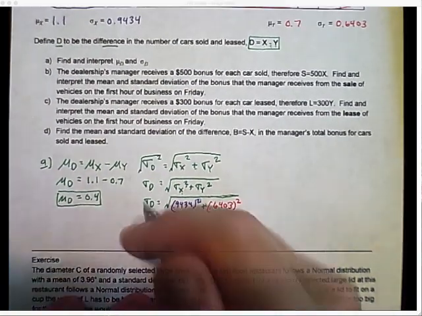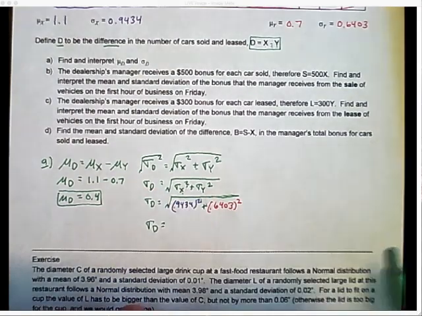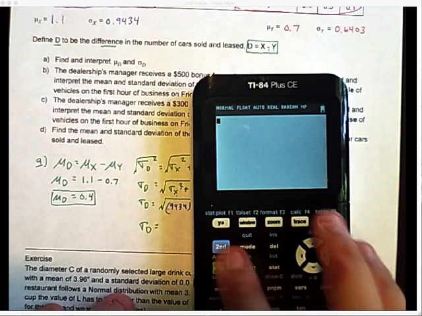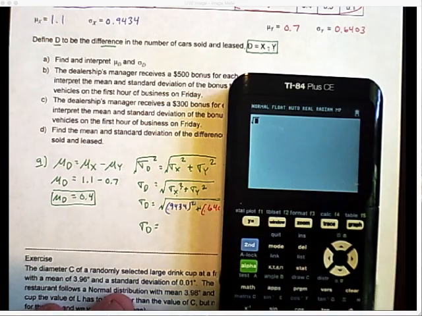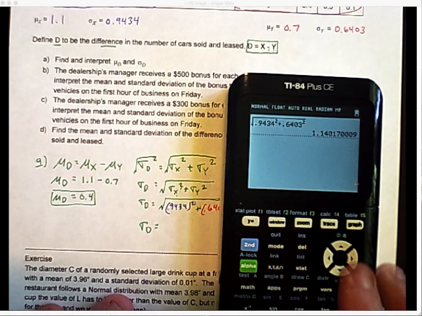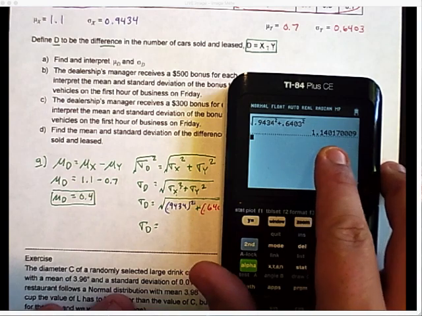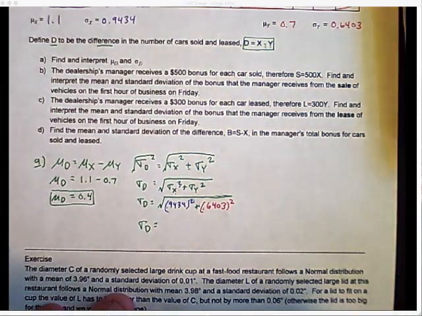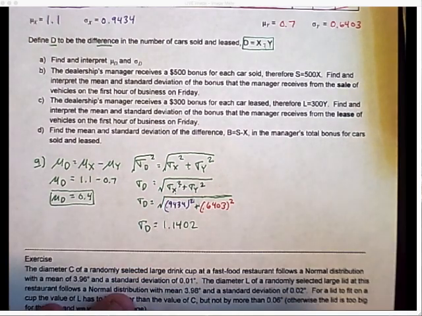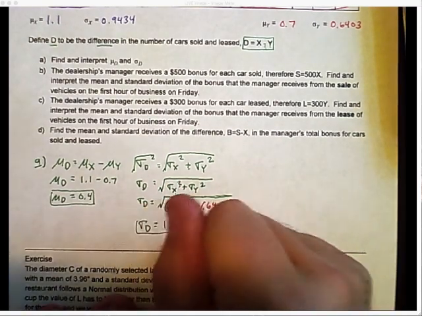I can actually do this in one step on my calculator. Take a square root and just type in 0.9434 squared plus 0.6403 squared. And there we go: 1.1402. And the units here would be cars.